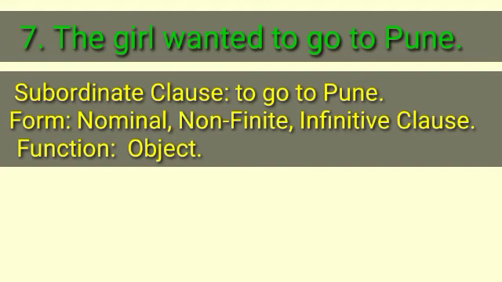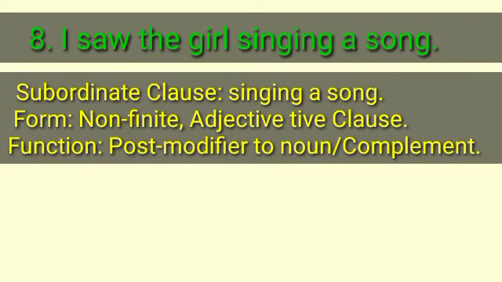Look at another sentence. I saw the girl singing a song. In the sentence, I saw the girl singing a song, the subordinate clause is singing a song. Its form is non-finite present participle clause, and its function is that of the post modifier because it post modifies the noun girl. Now look at another sentence.